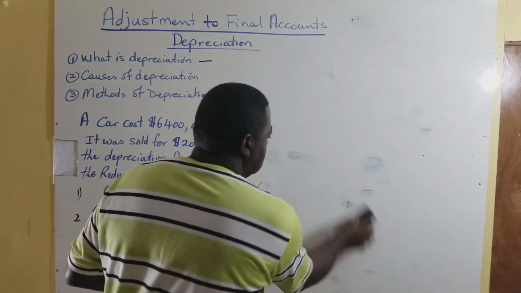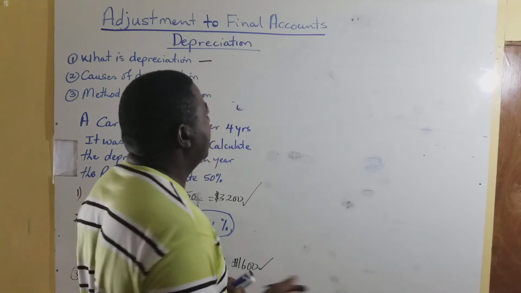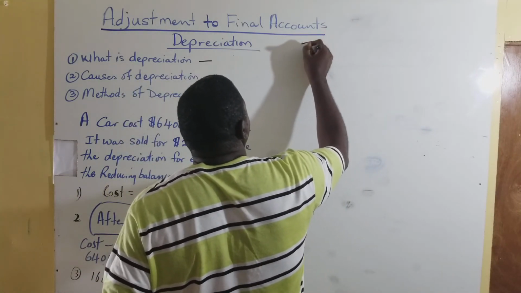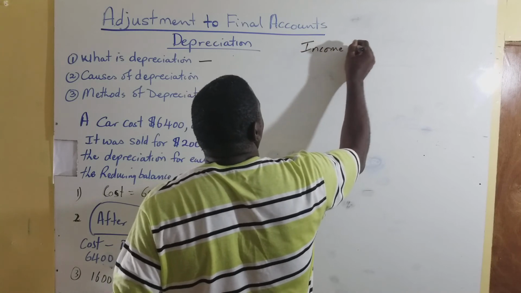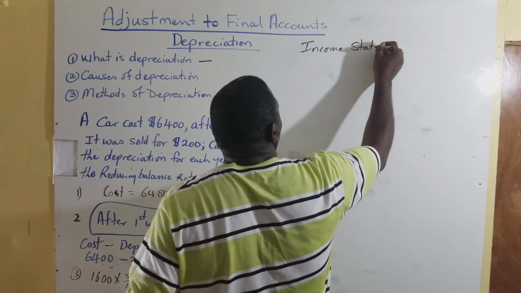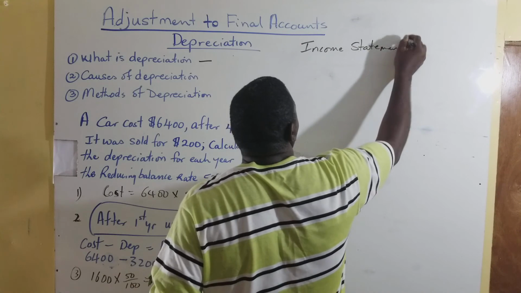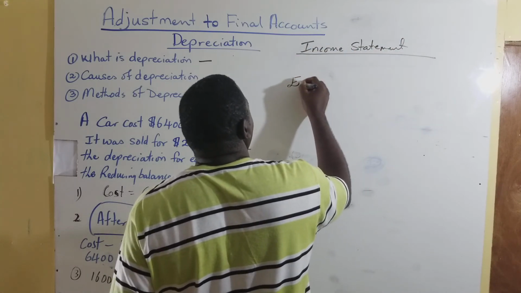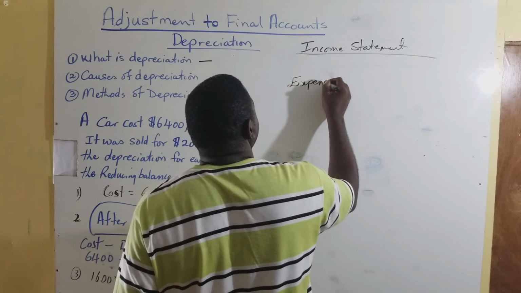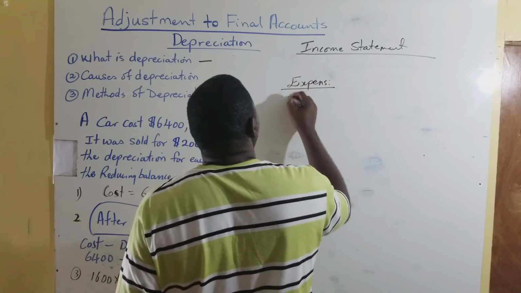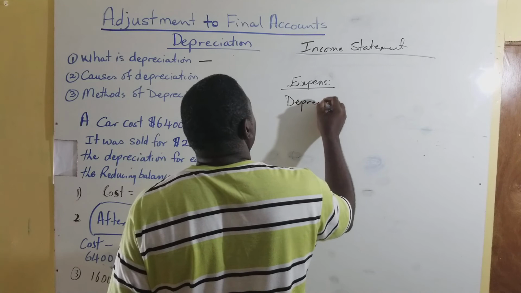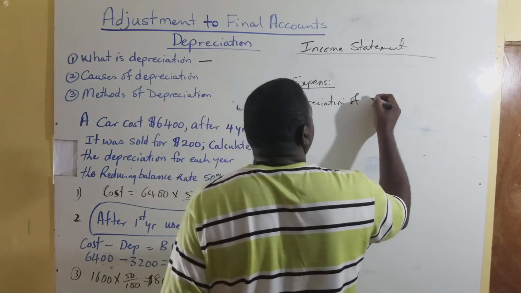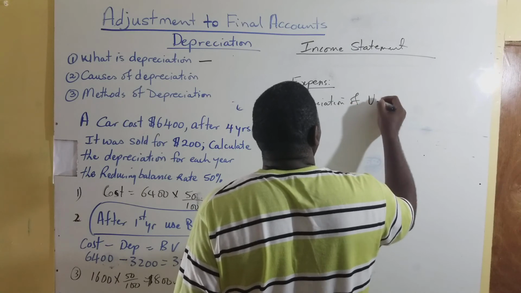So, depreciation in the income statement. In the income statement, it will find itself under the expense area, let us say, depreciation of van.